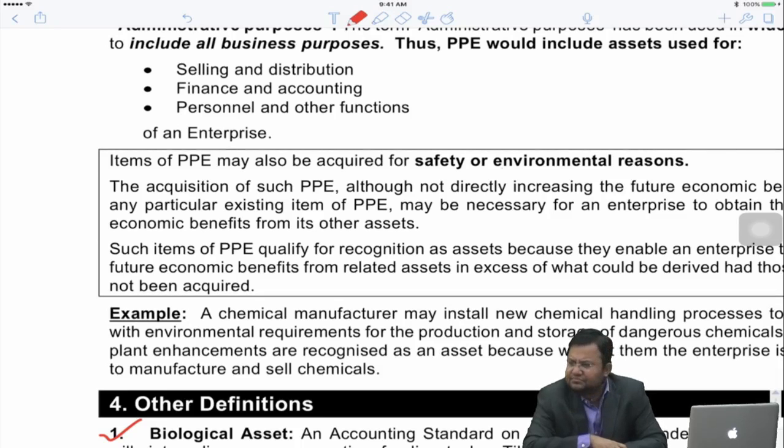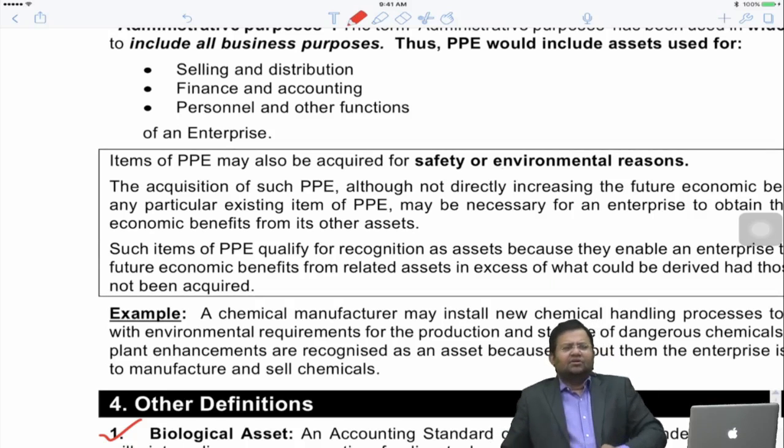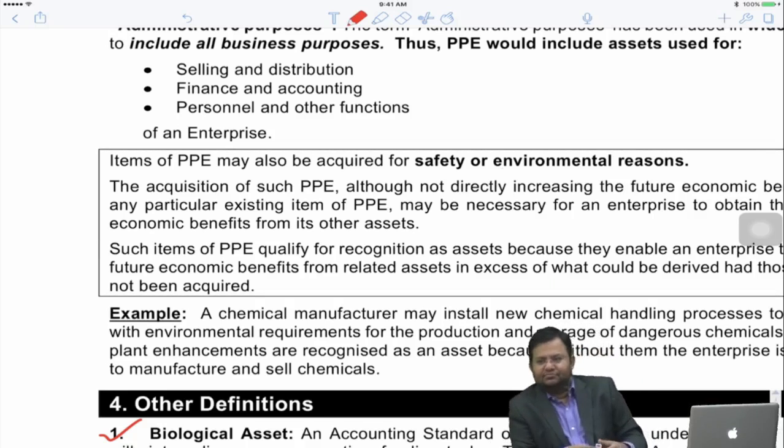I am PwC. Okay, I am Tata Motors. We have purchased fabric to make uniforms for the employees.